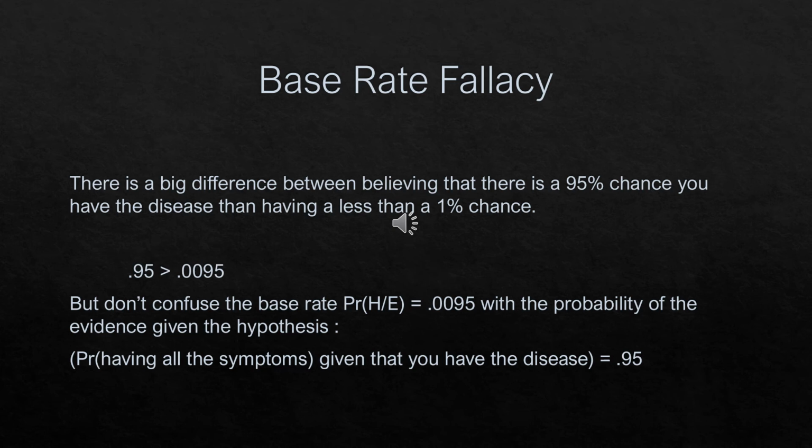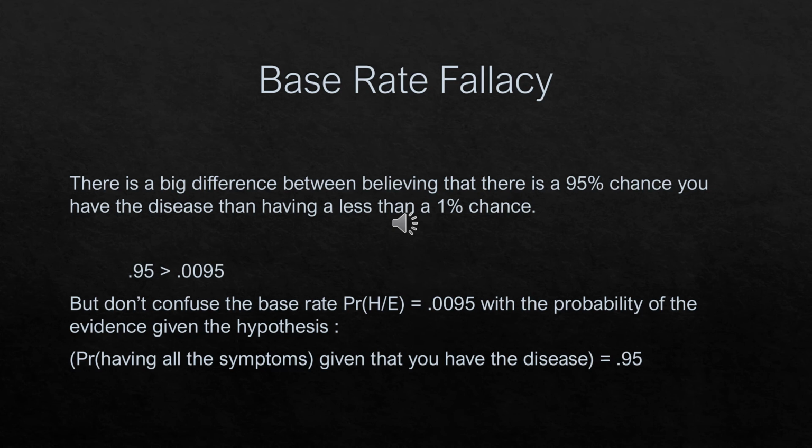The base rate probability is basically the probability that you have this disease just given the fact that you have the evidence that you do. And in that case, it's literally 0.0095, which is ultimately just less than 1% chance.